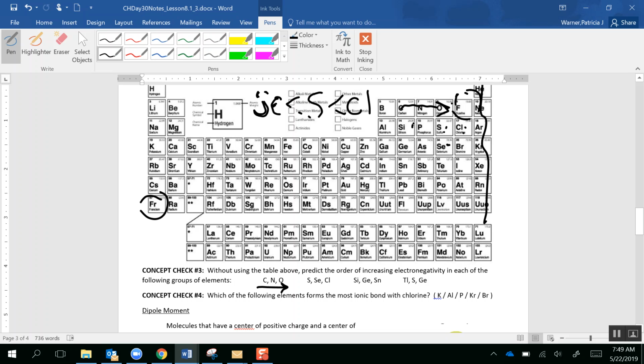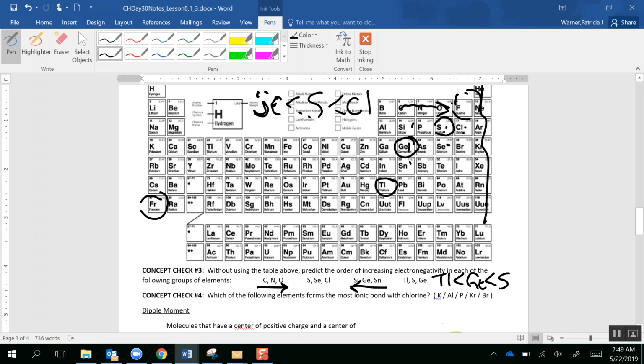Now let's look at silicon, germanium, and tin. Silicon is the closest, and tin is the farthest, so those are going to increase that way. And then the last one, thallium, sulfur, and germanium. In this one, thallium is going to be the least, and then germanium, and then sulfur, according to the periodic table.